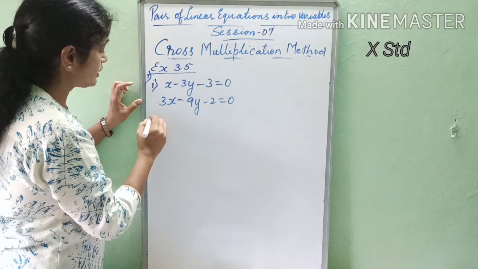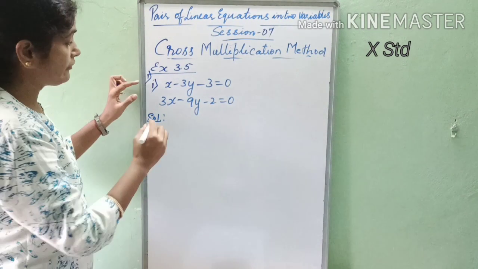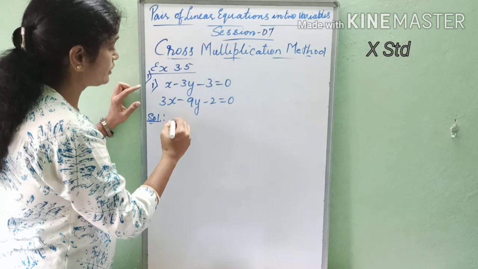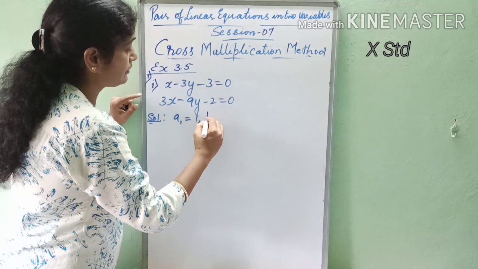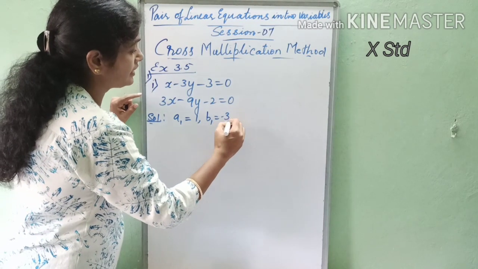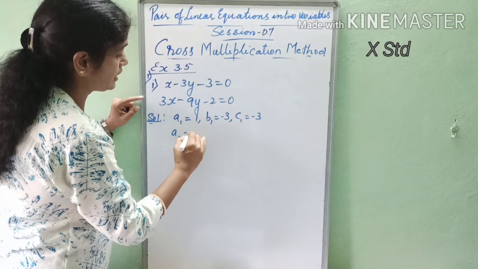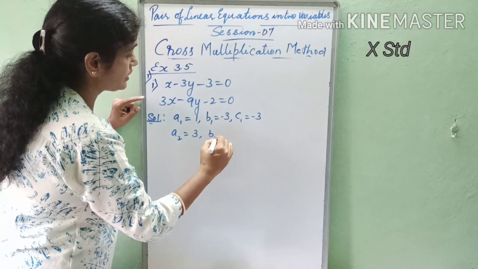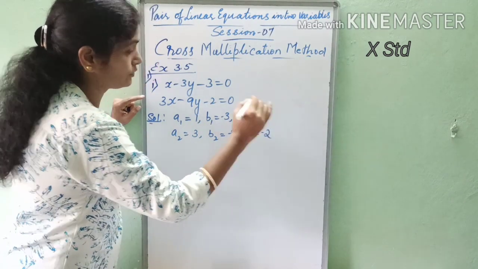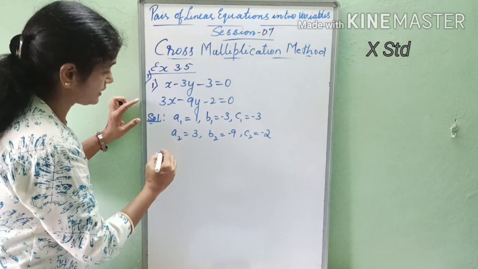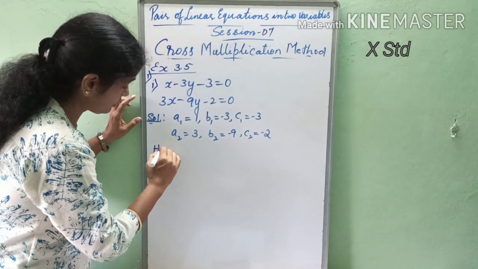So now let's check the ratios. What is a1? a1 is equal to 1, b1 is minus 3, c1 is minus 3. Then a2 is 3, b2 is minus 9 and c2 is minus 2.